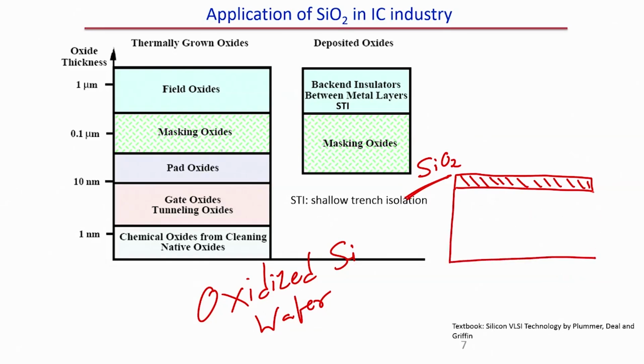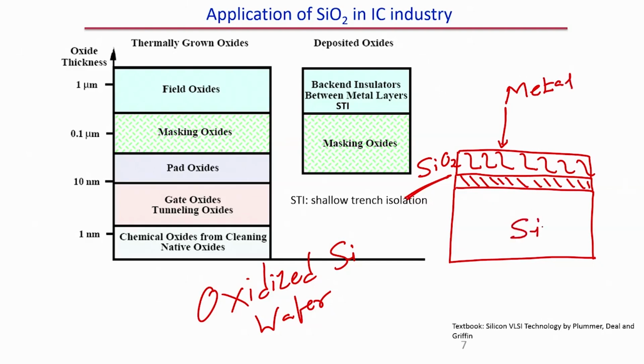Because if I take the same example and deposit metal now, let us say the metal looks like this, this is my metal, this is silicon dioxide, this is silicon. Then the metal will not get shorted with silicon because of this insulating layer between the metal and silicon, correct. So, I have to use an oxidized silicon wafer.